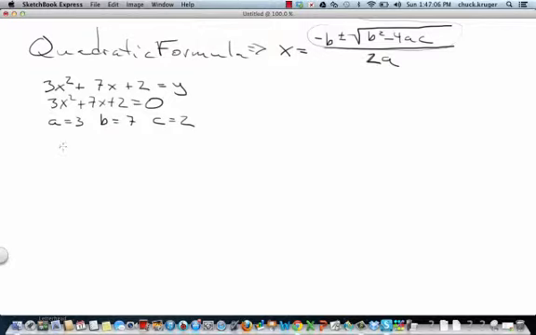So I have the opposite of b, which will be a negative 7, plus or minus the square root of 7 squared. So I'm going to put in parentheses to start out with, minus 4 times a, which is 3, times c, which is 2, all of that over 2 times 3.